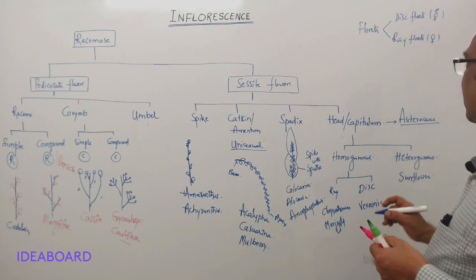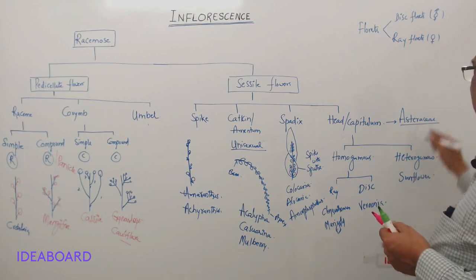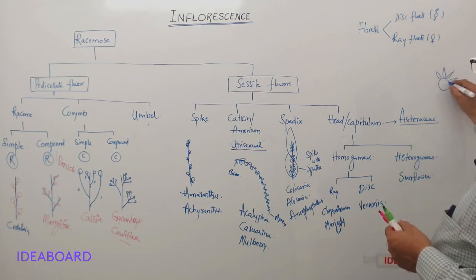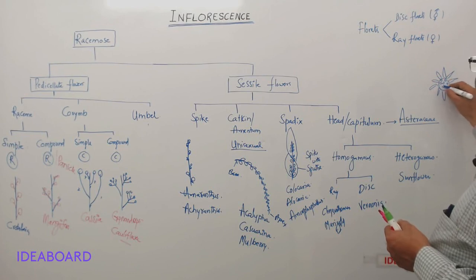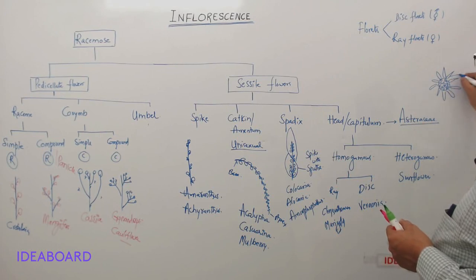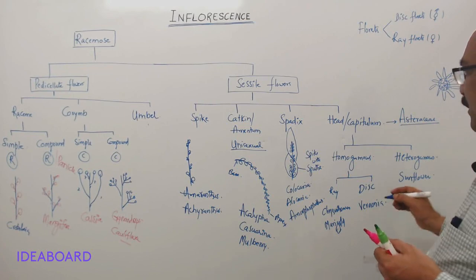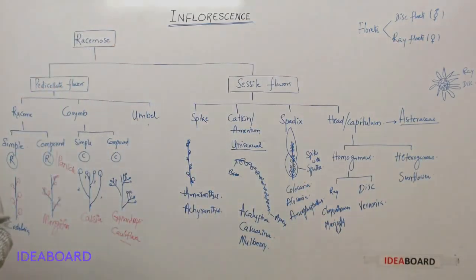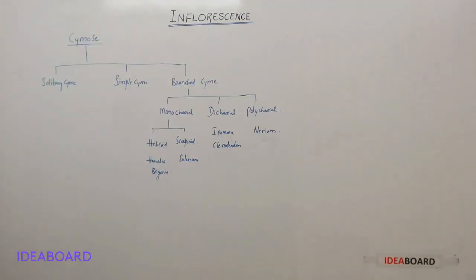Remember that in sunflower, the ray florets are present toward the periphery, and in the center you will find disc florets. These are ray florets, and these are disc florets. So that is about these racemose inflorescences, and we will discuss cymose.